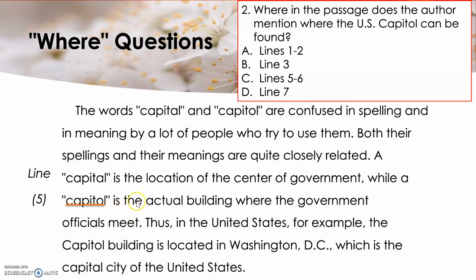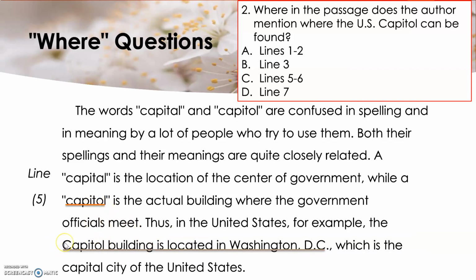So this is not location, it is definition. So let's find another capitol. Here: the Capitol building is located in Washington, D.C. So it explains where you can find the U.S. Capitol, the location.